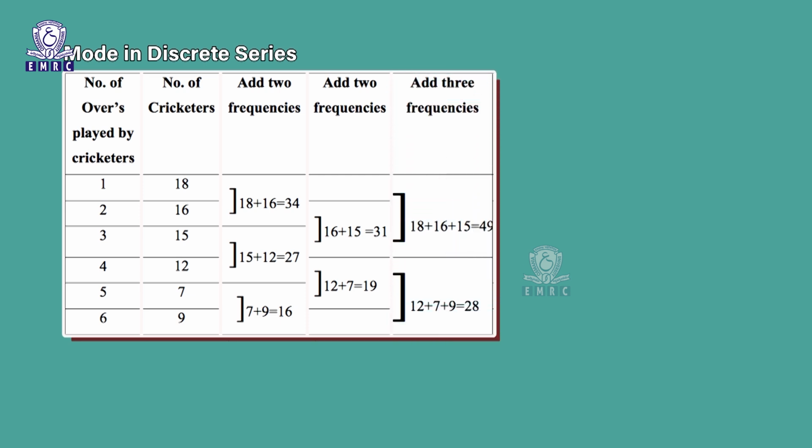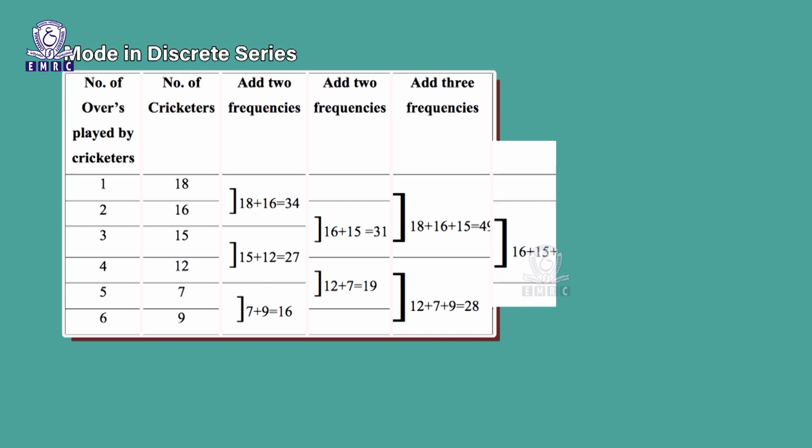In the fifth column, we are going to add 3 frequencies. In the third and fourth rows, we are going to add 2 frequencies, and in the fifth row, we are going to add 3 frequencies. That is 18 plus 16 plus 15 is equal to 49. Then 12 plus 7 plus 9, which is equal to 28.